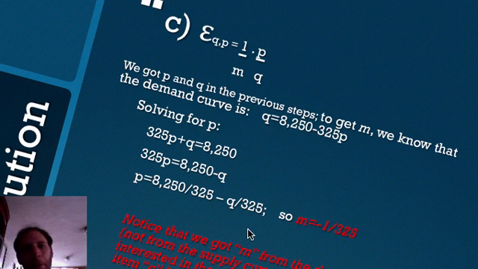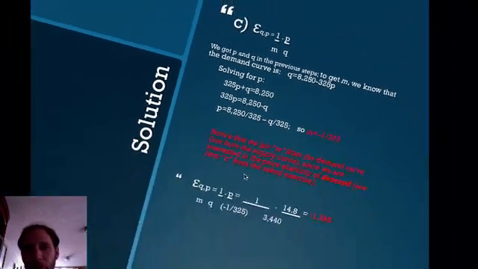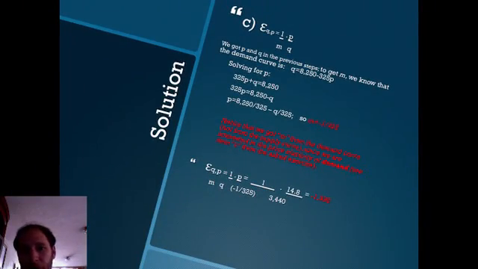But please remember that in order to get the slope, you will have to solve for P. Once you solve for P, the slope will be that number that is multiplying Q. In this case, minus 1 over 325. Okay, and we're going to use only the demand equation, because I'm asking for the elasticity of demand, not of the supply. Okay.